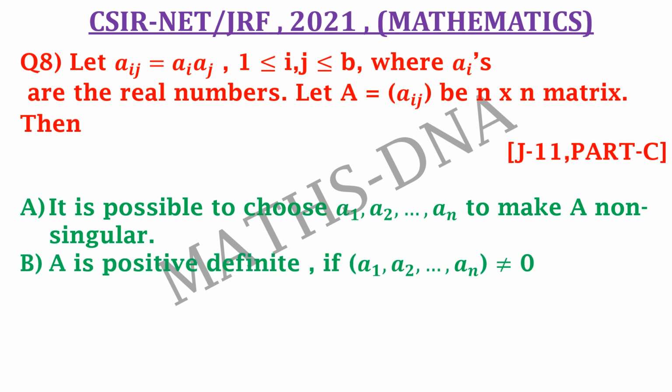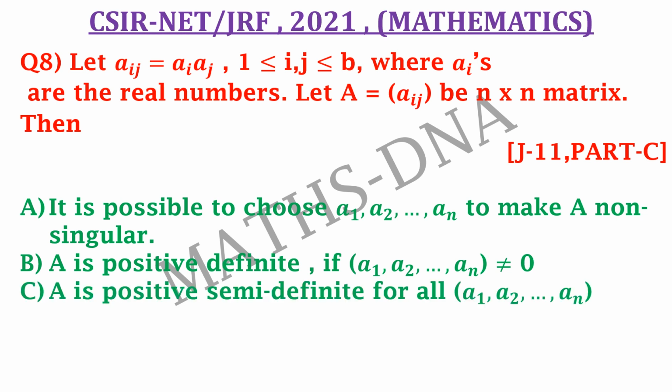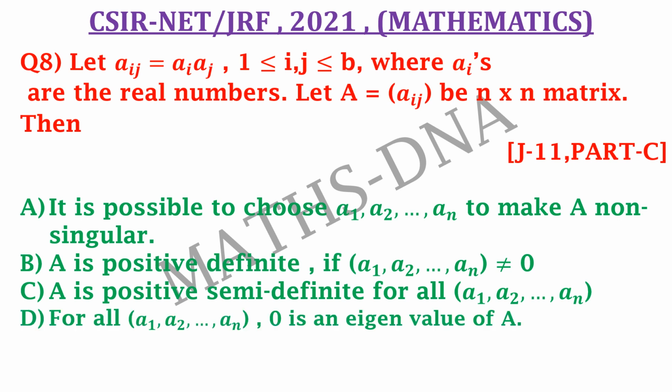B. A is positive definite if a1, a2 up to an are all non-zero. C. A is positive semi-definite for all a1, a2, ..., an. And the last one, D. For all a1, a2, ..., an, 0 is an eigenvalue of A.